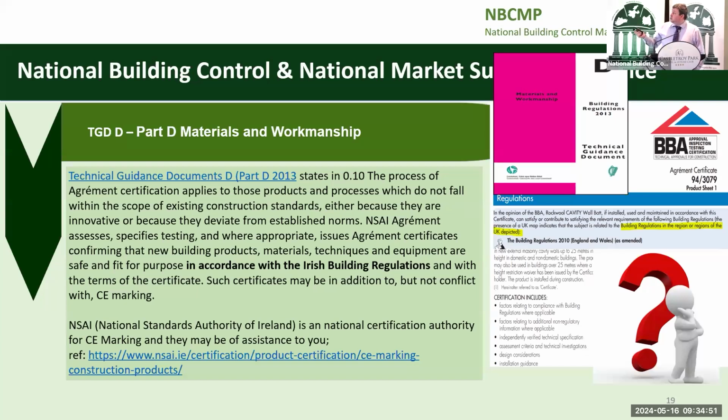And most BBA certs are only assessed for UK regulations, so they're not comparable because the national annexes we have here are slightly different. So there may be a lot of other design considerations, and you may have to go back and review everything as a designer to be able to demonstrate compliance with the product and the use of that product.